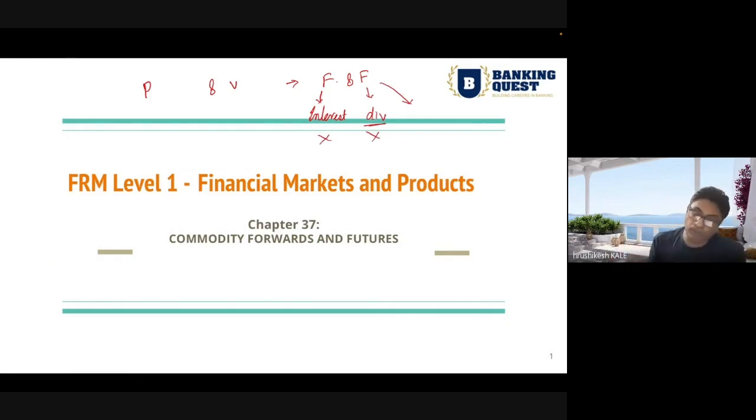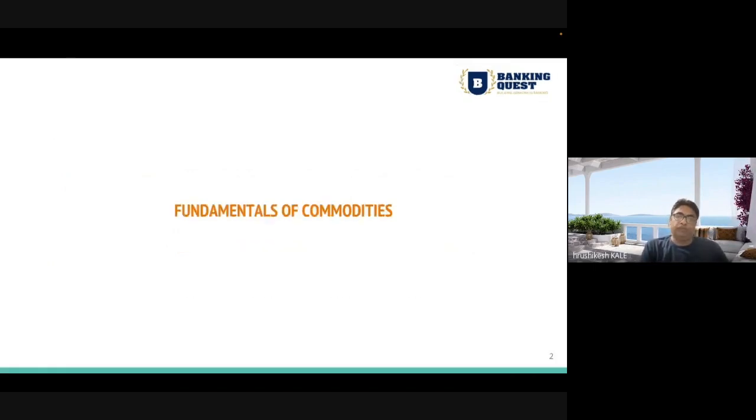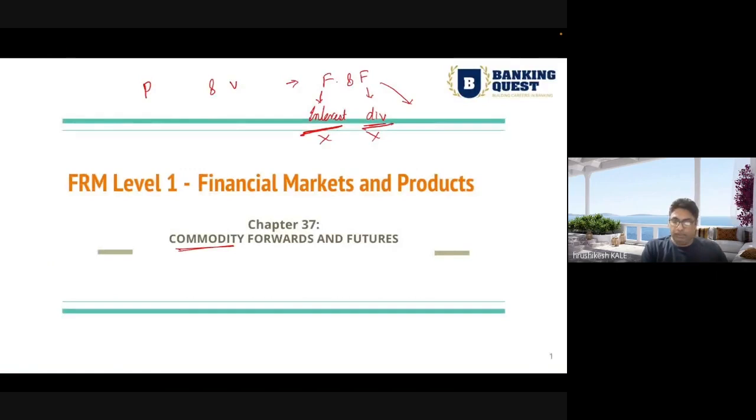Now we are going to see commodity forwards. And commodity is a different thing because commodity does not pay interest, it does not pay dividends, but you need cost to store it.